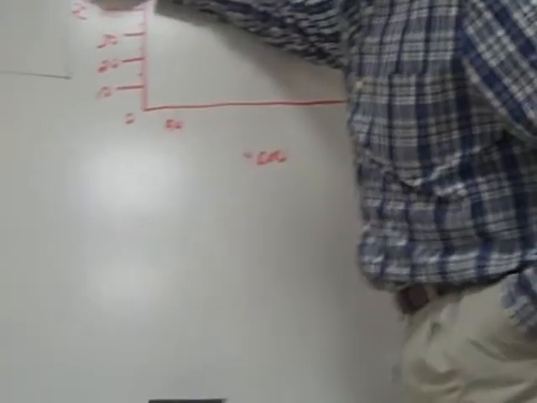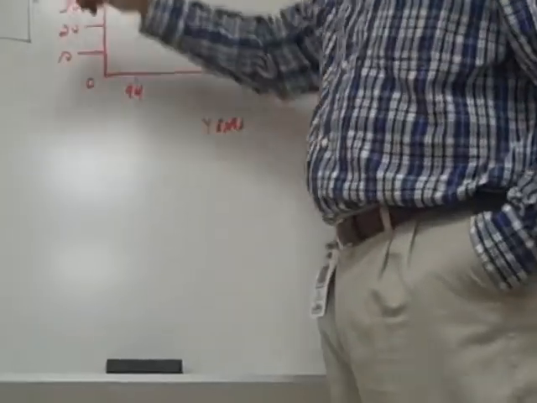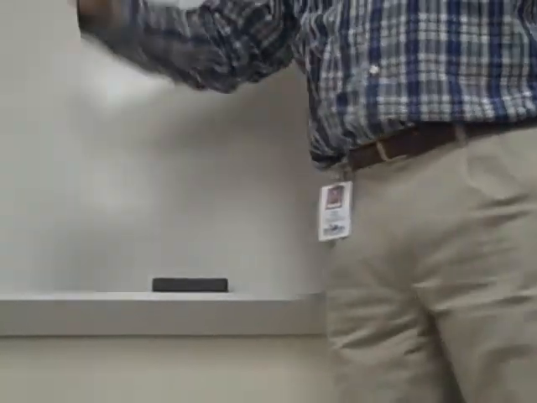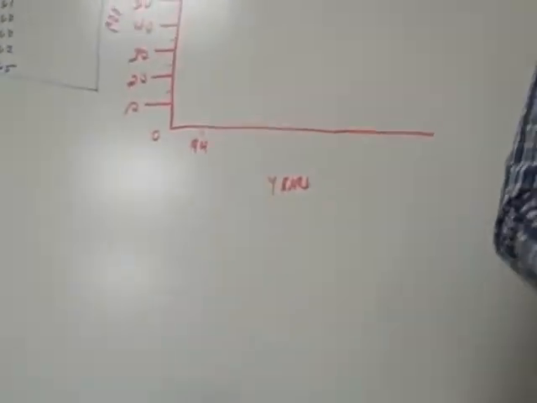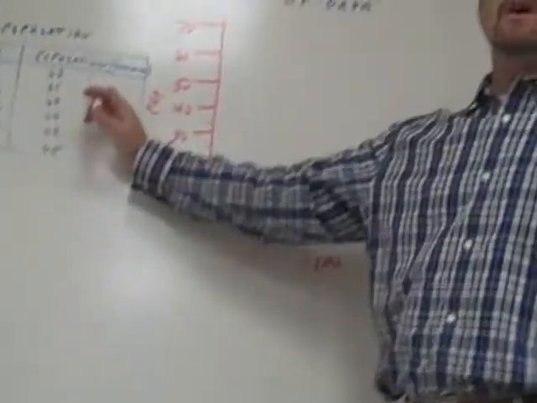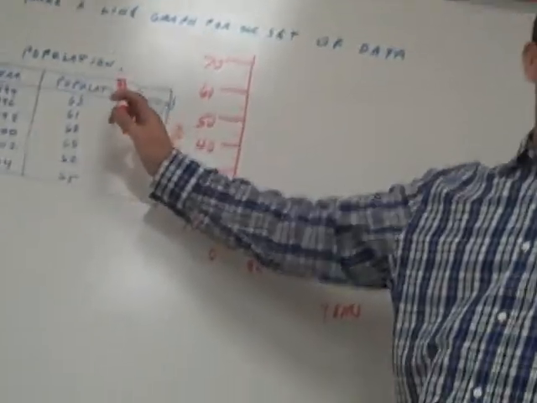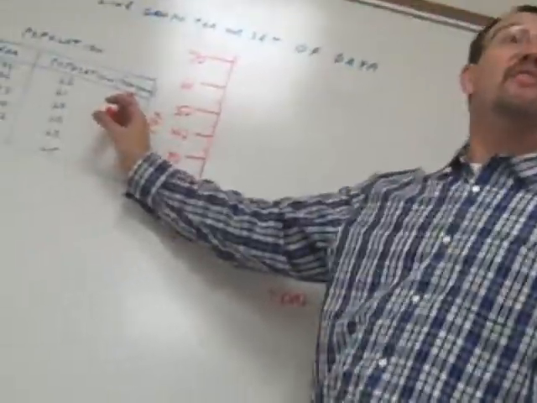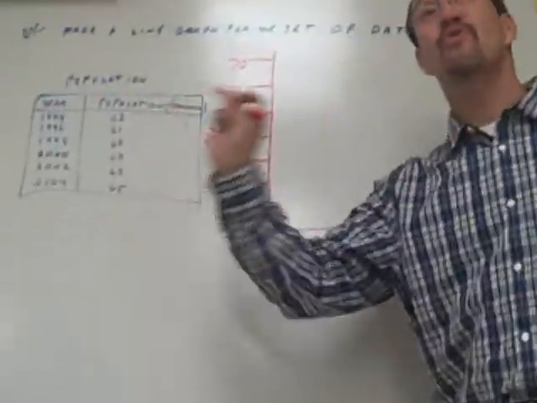Population. Now, class, is there 62 people in the town? No, 62,000. To keep from writing all the zeros, sometimes in people's graphs they write the words, this number is in terms of thousands. So this means 62,000.